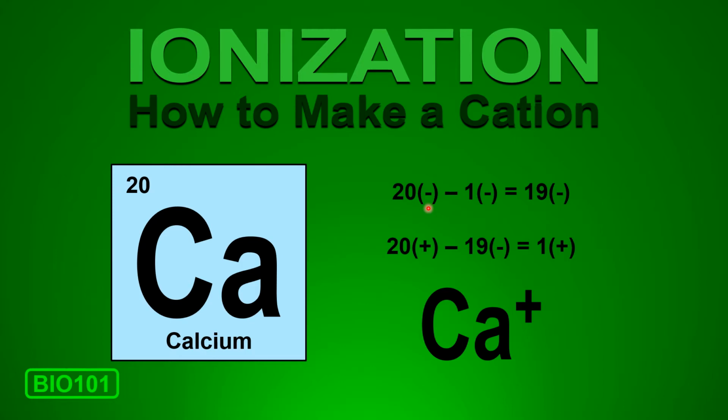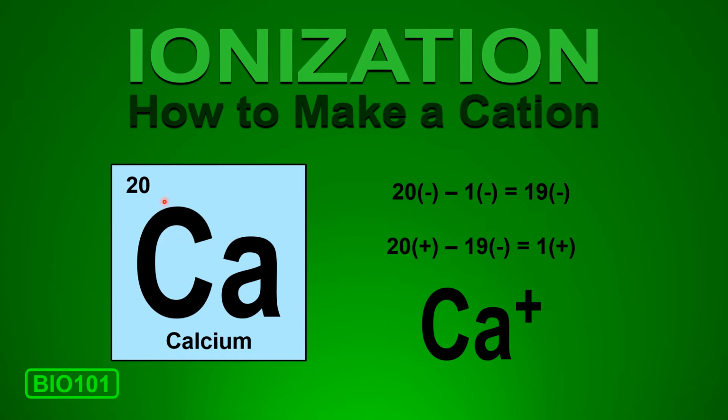That's all that means. It just means these are 20 electrons. And we need to get rid of one, because we're making an ion. We're making a cation, an atom with a positive charge. So we need to get rid of one electron. And so 20 minus 1 is 19, of course. 19 little electrons there.